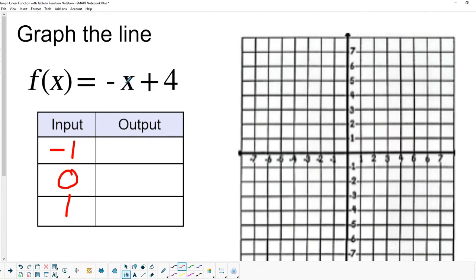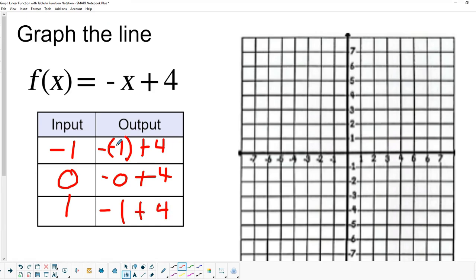So if I put in -1 up here, this is going to be the negative of -1, because that negative didn't go away, plus 4. Then it's going to be the negative of 0 plus 4. And then if I put in the number 1 up here, that will give me -1 plus 4.